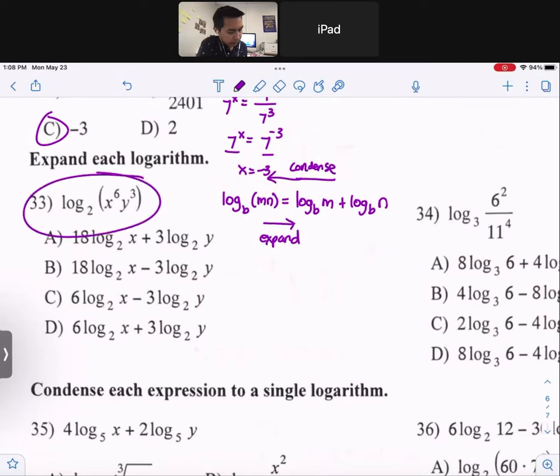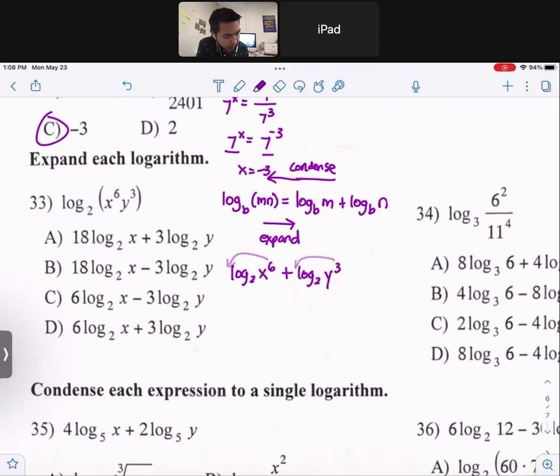So we've got to expand this. We're going to get log base 2 of x to the 6 plus log base 2 of y to the 3rd. And again, you can't have these exponents there, so you have to put both the exponents in front of the logs. That's your power rule.